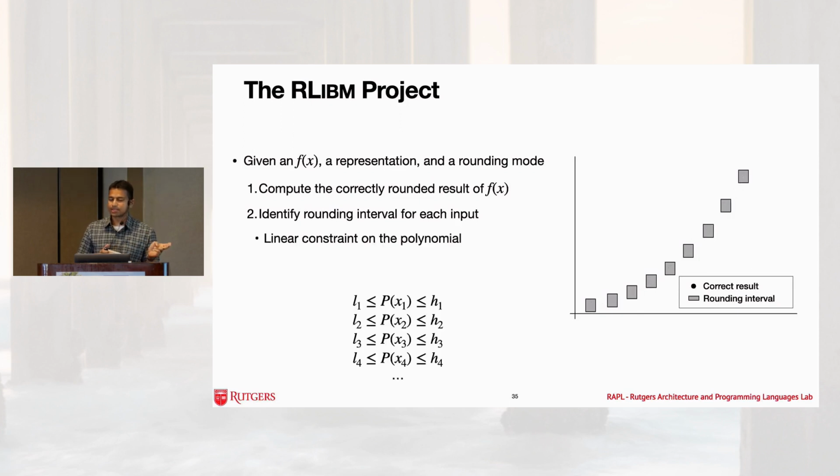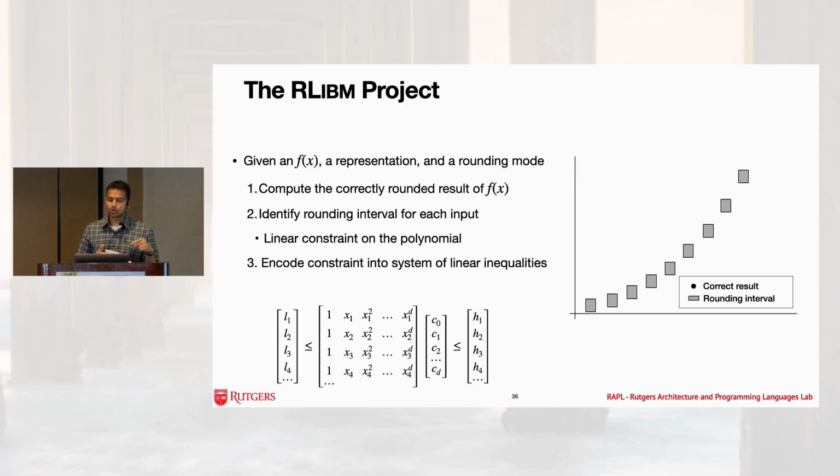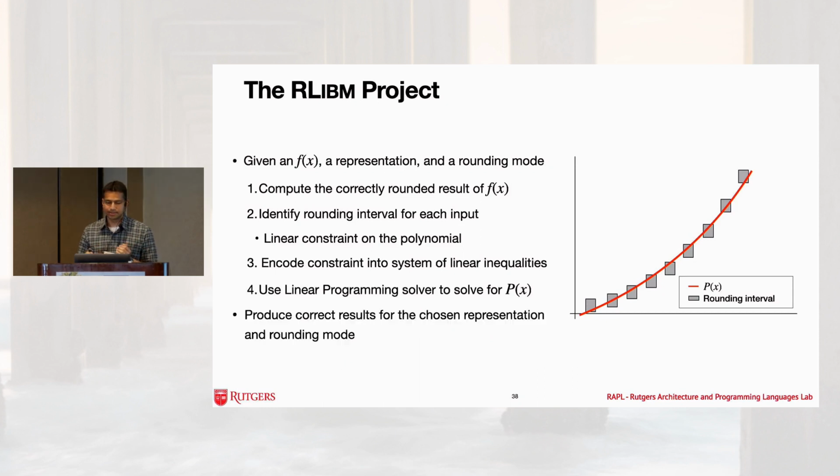These rounding intervals define linear constraints on the output of the polynomial we wish to generate. So we encode these constraints into a system of linear inequalities and use an LP solver to generate a polynomial that satisfies all the constraints. This polynomial guarantees to produce the correctly rounded result of f of x for the one chosen representation and rounding mode.